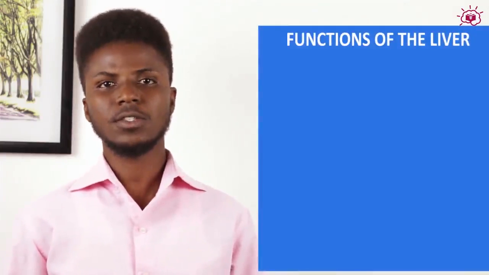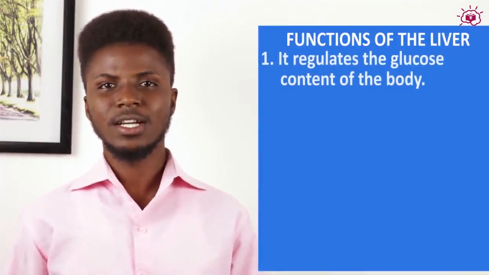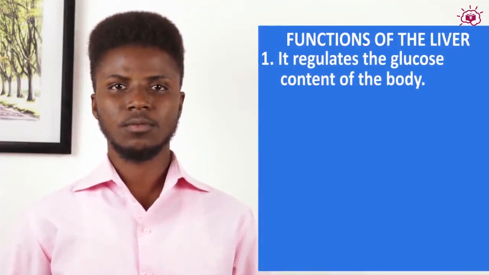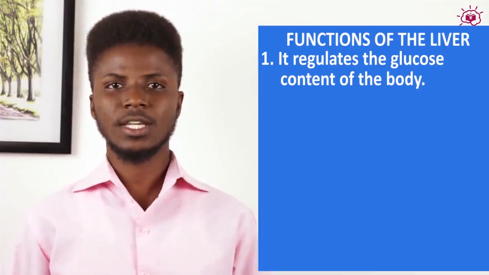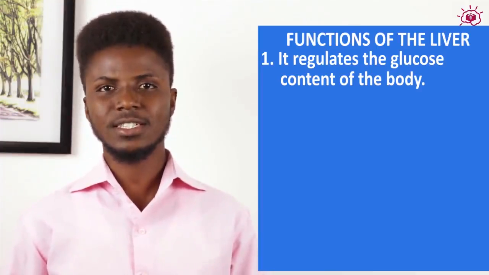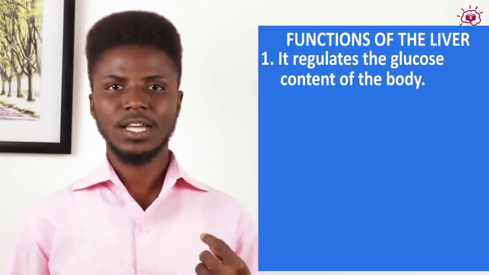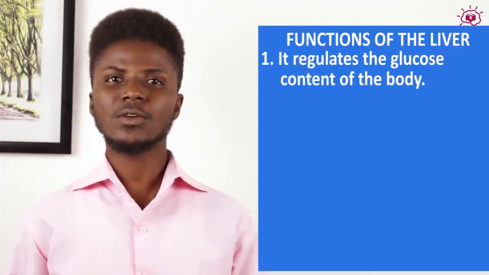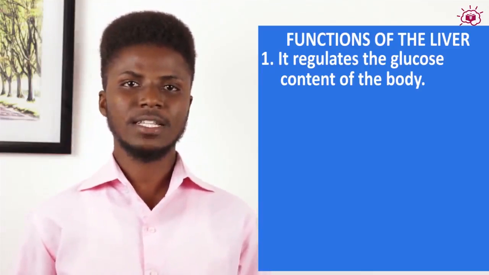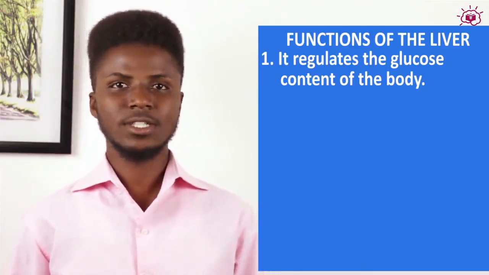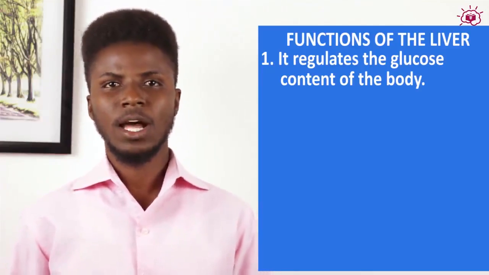Now, what are the functions of the liver? First function of the liver is that it regulates the sugar content or the glucose content of the body. When glucose concentration is high in the blood, the liver releases a hormone called insulin. What insulin does is that it stimulates the storage of glucose as fat in the body, in some organs, and as glycogen in the muscles.